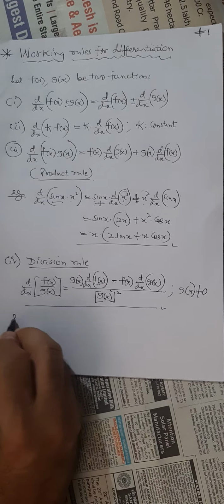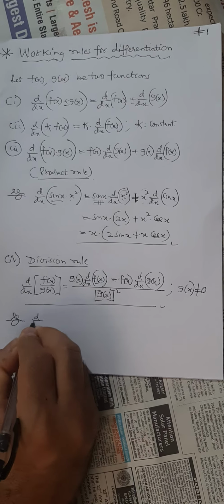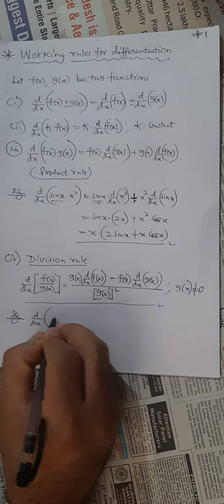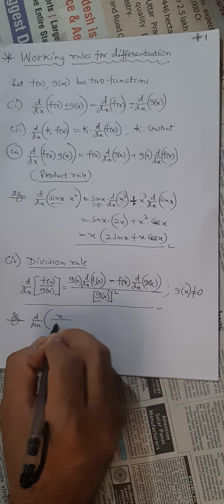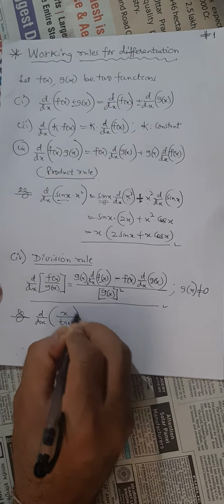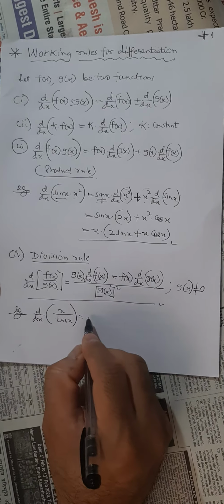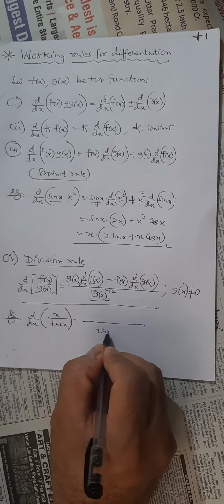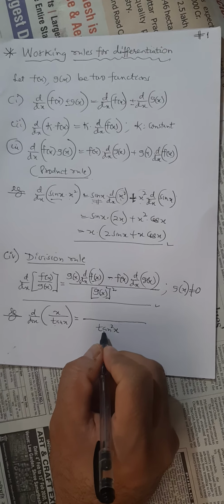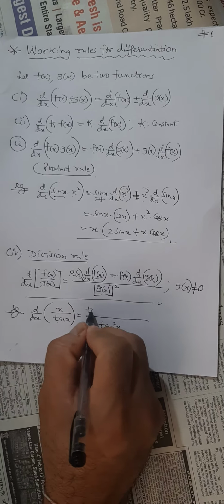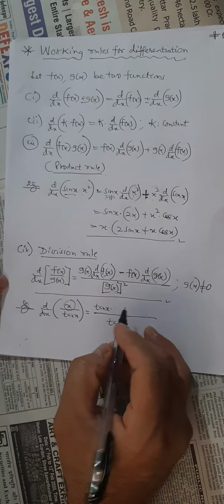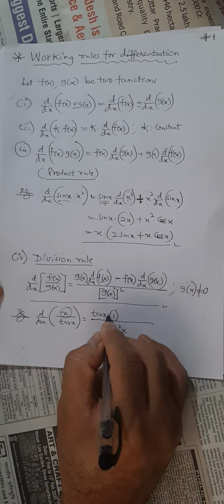One simple example just to remind you, d by dx of, suppose I have, let me write x upon 10^x, division of two functions. What is the division rule? Square the denominator function, so (10^x) square. Then 10^x as it is here. Differentiation of x with respect to x, that is 1, you know.